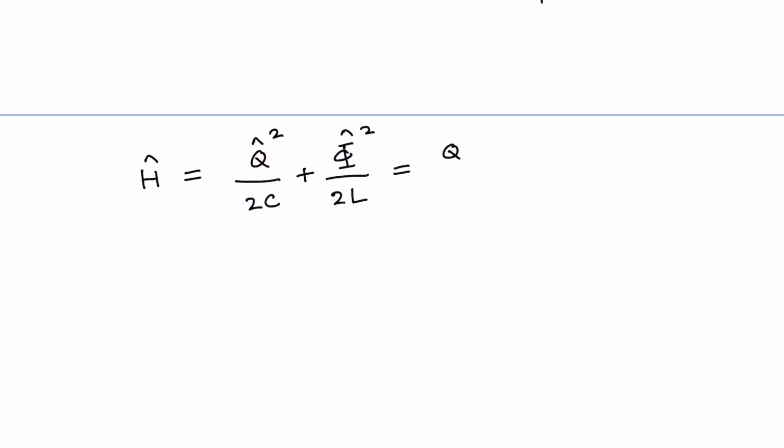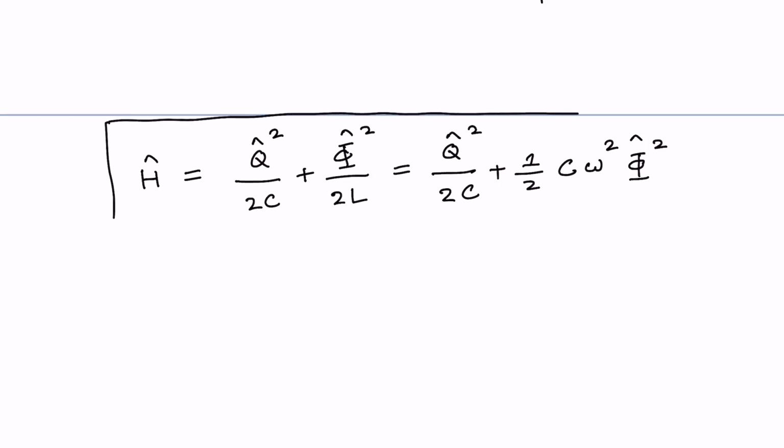I can write this also in this form, Q square by 2C plus 1/2 C, which is analogous to mass, omega square phi cap square, that's the magnetic flux. So this is now our quantized Hamiltonian, the Hamiltonian for the quantized LC circuit.